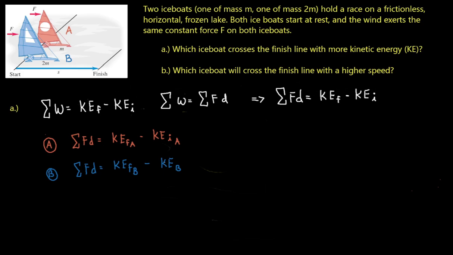So now that we have both equations, we can cancel out the initial kinetic energy term because the problem tells us that both ice boats start at rest. So ice boat A will have an initial kinetic energy of 0. And ice boat B, oh wait, I forgot an i here. So yes, ice boat B will also have an initial kinetic energy of 0.